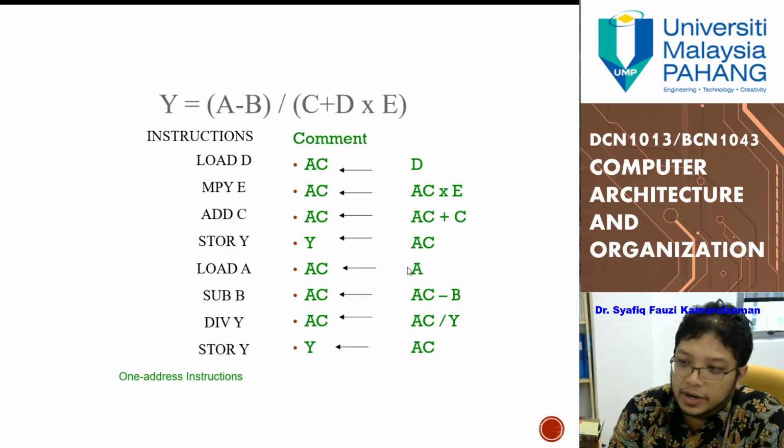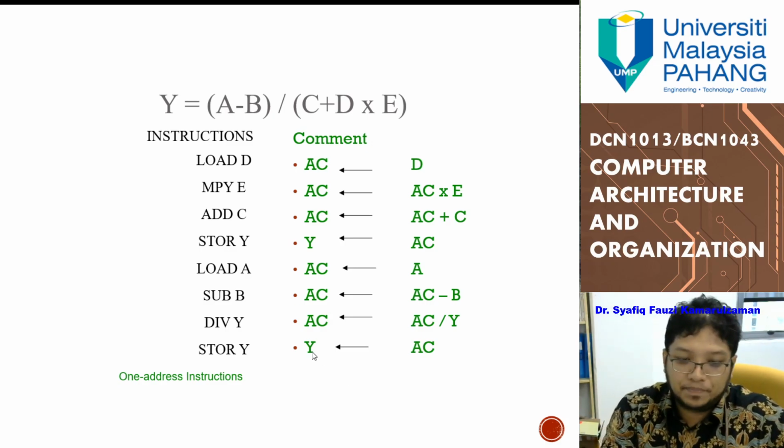Then load A into the accumulator, subtract B inside the accumulator, and you get this result inside the accumulator. Now you divide it with the content in register Y, where you have stored C plus D times E before. Divide it with Y, you get the result in the accumulator, and you transfer it into register Y.